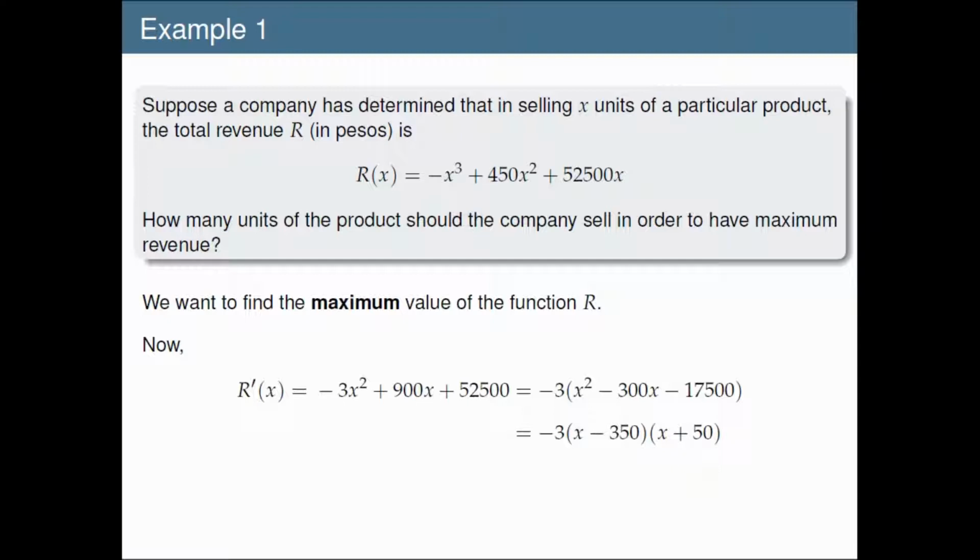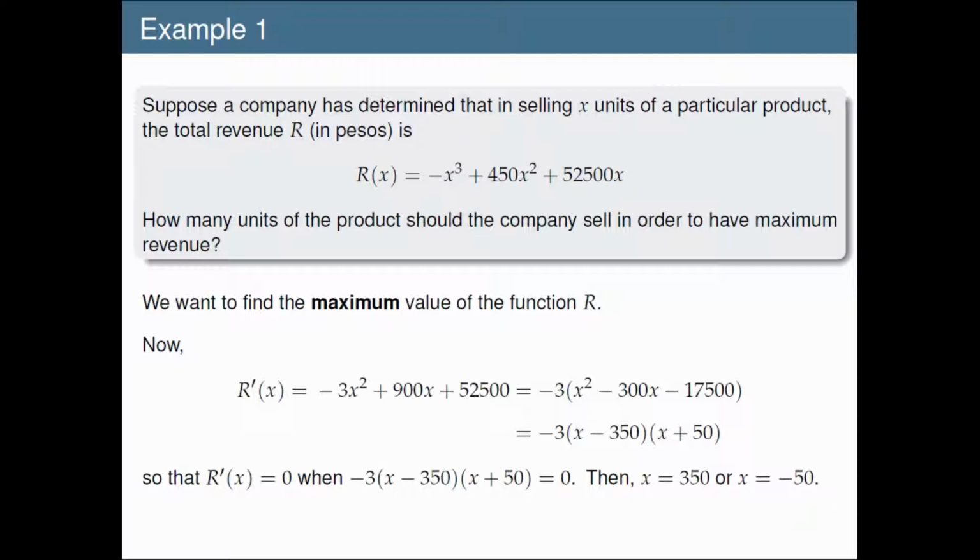Set natin yung R prime to be equal to 0. So that negative 3 times X minus 350 times X plus 50 equals 0. So we get X equals 350 or X equals negative 50. Ito yung mga critical numbers ng R.